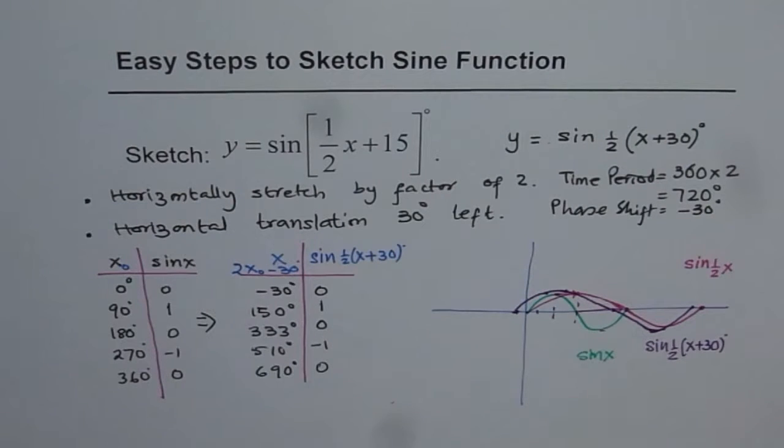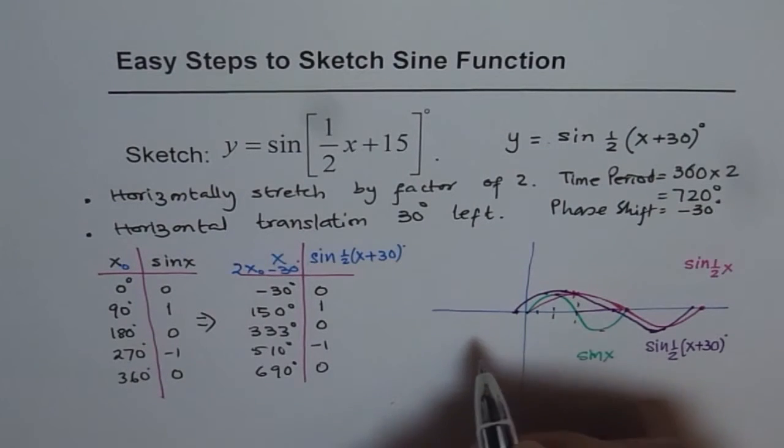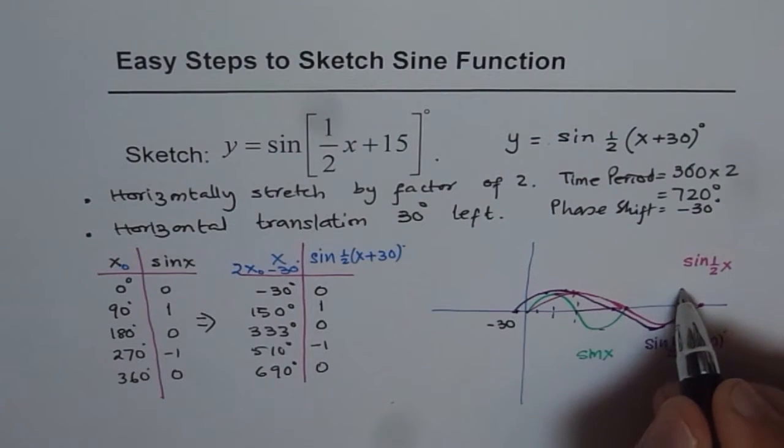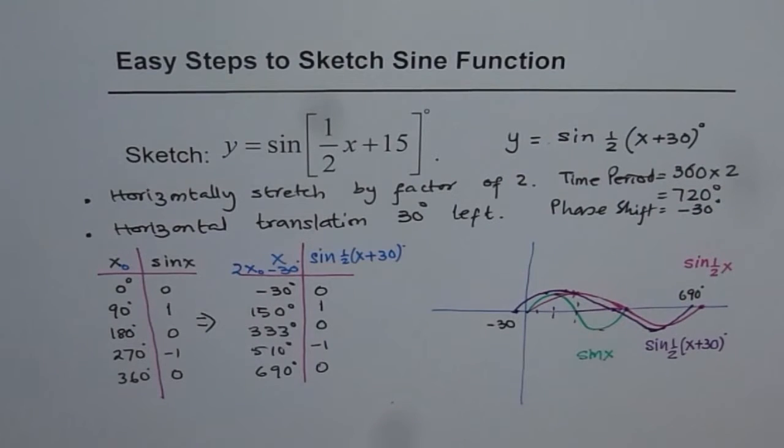So as expected, the sine function started from minus 30 and it ended at 690. Do you see that? So that is how you could draw sine of half x plus 30 in steps.